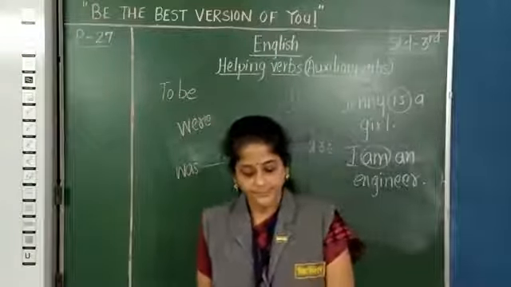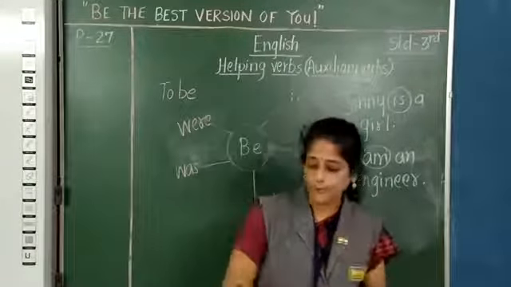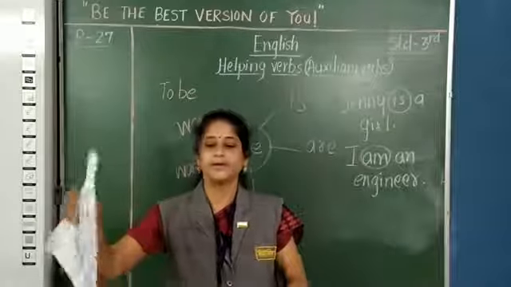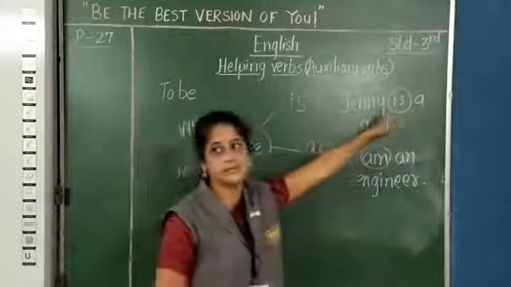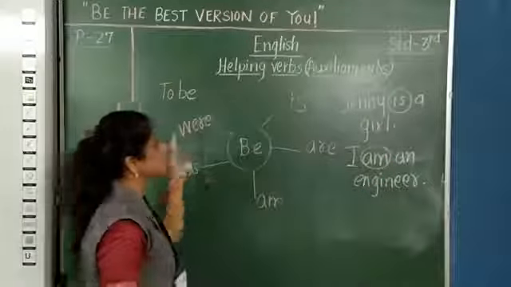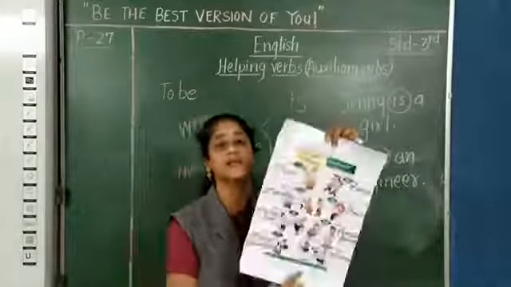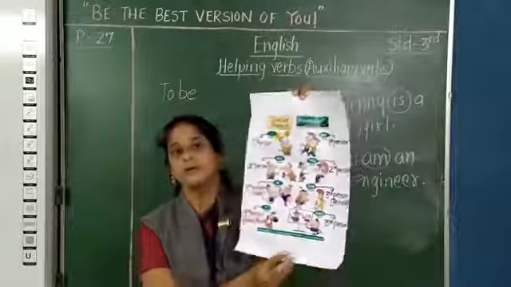Now there is a small homework for you. Before that, I wanted to show the subject pronouns along with is, are and was, were, the family members, the subjects that come in your sentence.